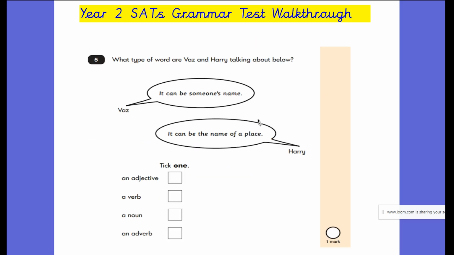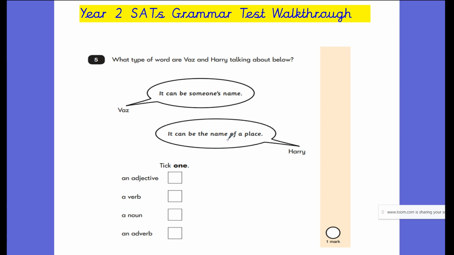Okay, question number 5. What type of word are Vaz and Harry talking about below? Now, I really like this question because it draws on the fact that you'll have a lot of discussion in class about different things. And oracy is a big focus in schools at the moment where they want to check children's understanding by what they are saying and what they can say about their learning.